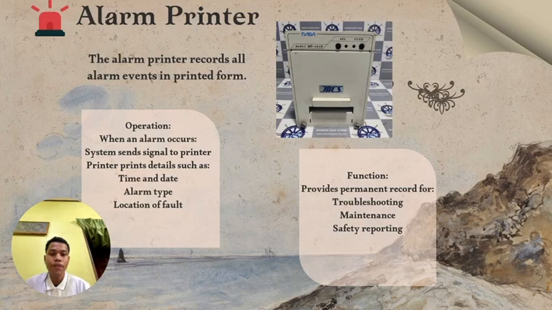It is like the black box of a ship, where all the data and records of machinery or other problems during the voyage are saved on the alarm printer.